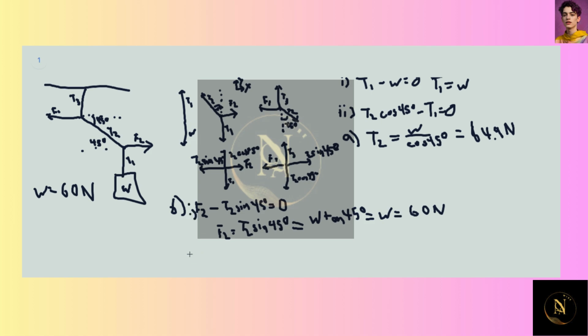And we'll see that F1 is going to have to be equal to F2 here, since they're both going to be equal to T2 sine of 45 degrees.